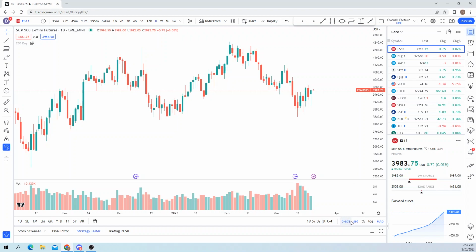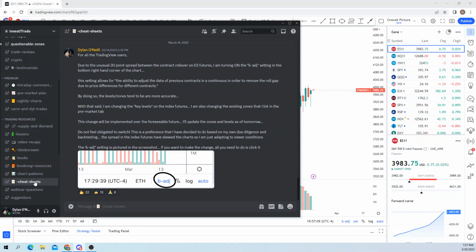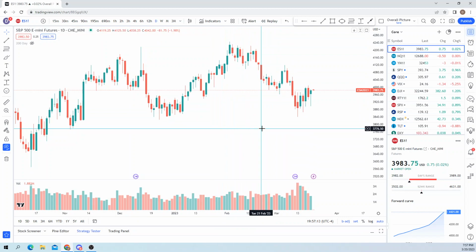Okay, another thing that I wanted to speak about on a side note is the fact that I have put this setting on. I've explained it twice, right? It's in the cheat sheets of the Discord for all TradingView users.